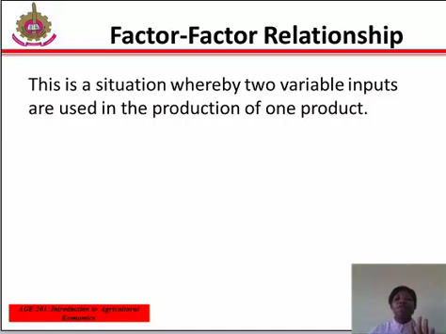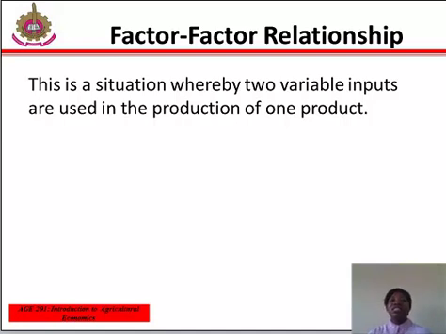We have different types of marginal rate of input substitution: constant, decreasing, and increasing marginal rate of input substitution. Kindly read more about all these types in your study materials.